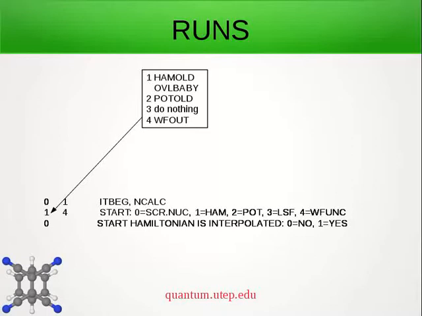If you want to start from the potential, you have to have the file patall present. If you want to do a least square fit, no extra files are required to be in the directory. But if you want to start from the wave functions, you put a 4 there, and you make sure that the file wfout is present in the directory. And that's how you restart calculations from NRLMOL, which don't necessarily always have to be from the cluster file.